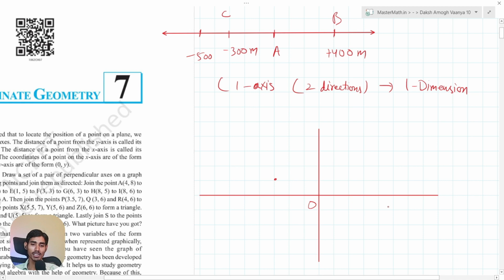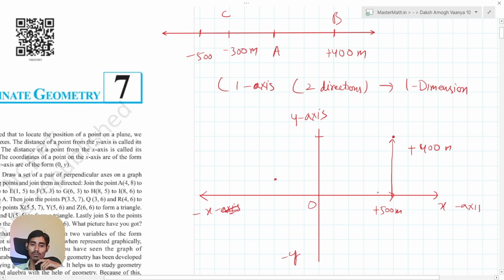If I want to reach this point, I need to travel plus 500 right of this, and then maybe plus 400. That's how I reach this point. First we take the horizontal axis, the x-axis. We name it x-axis. It's not called that by birth, it's just that we assume that to be the case. This is the y-axis, and minus y.